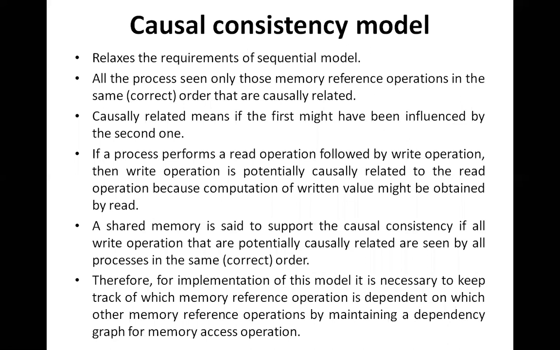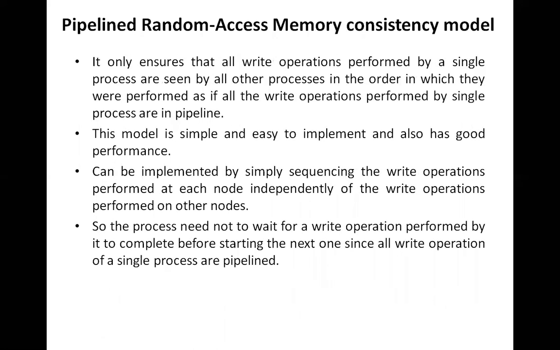This can be very easily done by maintaining a dependency graph for all memory access operations. So this is the third model, known as the causal consistency model. The fourth model is the pipelined random access memory consistency model.